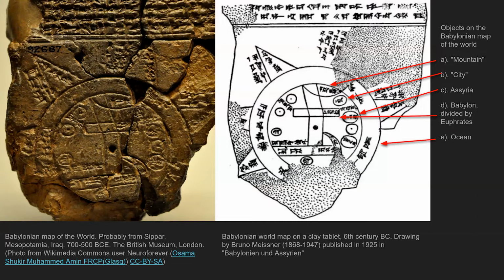And then circling all of this we have the world ocean. So once you get to the Mediterranean Sea, or maybe even the Atlantic Ocean, the world ends and it's either nothing but ocean, or the ocean is the thing in which the world rests.